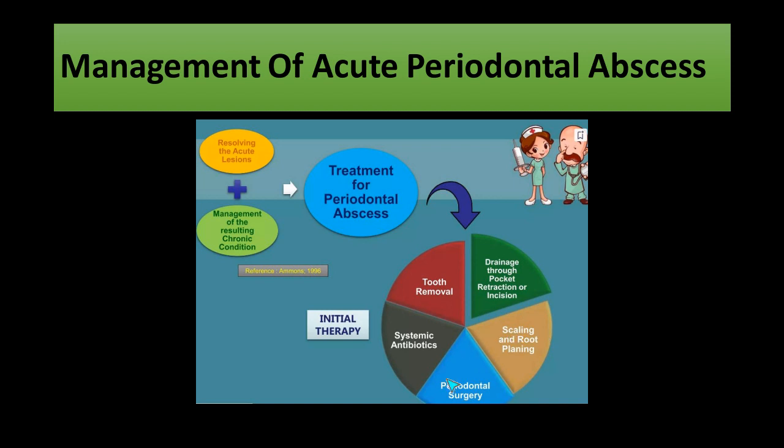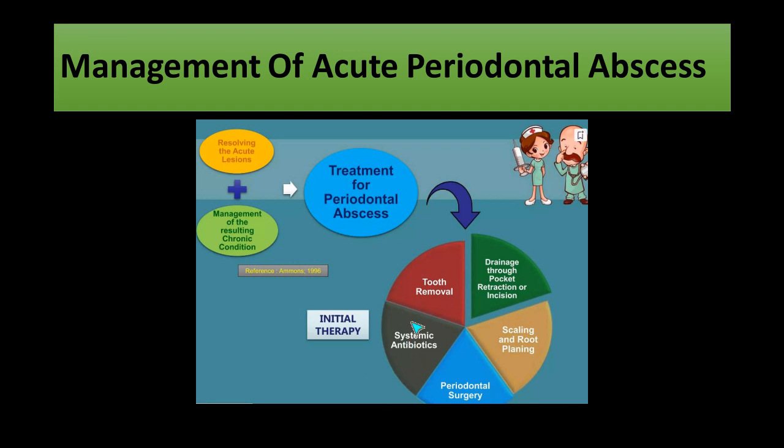Now, if there is no access to the drainage of the periodontal abscess through the pocket orifice, then of course we need to have periodontal surgery, which involves the incision, sometimes also flap reflection, to drain the abscess and to do a thorough scaling and root planing in order to treat the periodontal abscess.